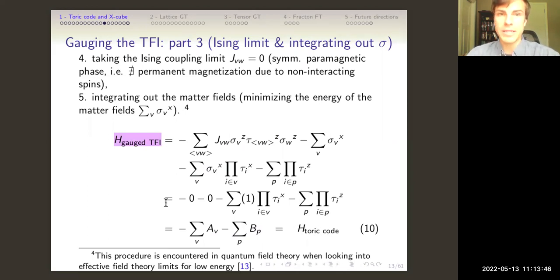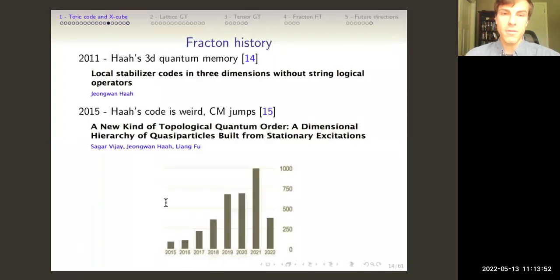And what we're going to do is neglect the same derivation in terms of the X-cube model in favor of talking about a little bit more of the phenomenology of why is it called a fracton, and how do we reproduce that in the tensor gauge field theory language.